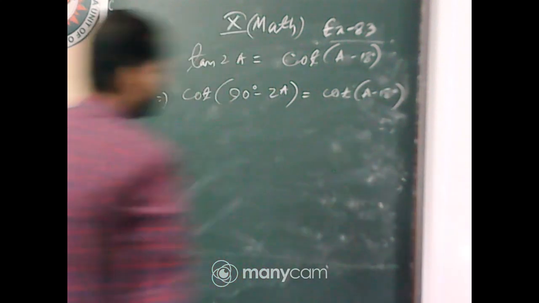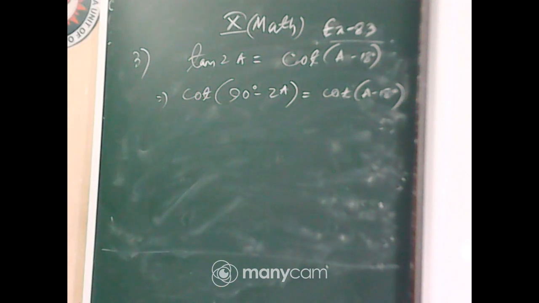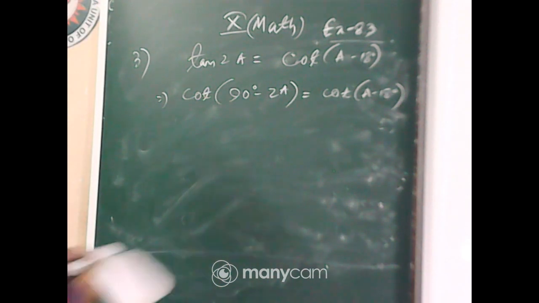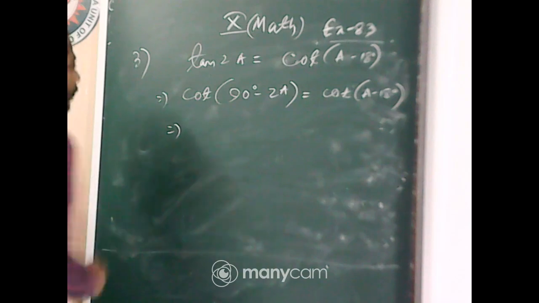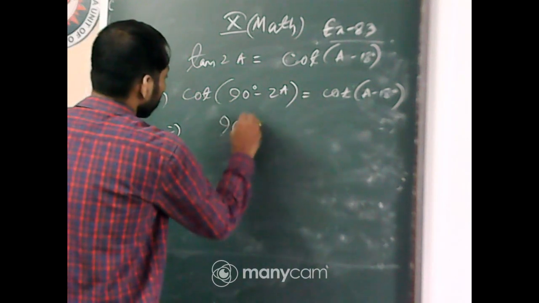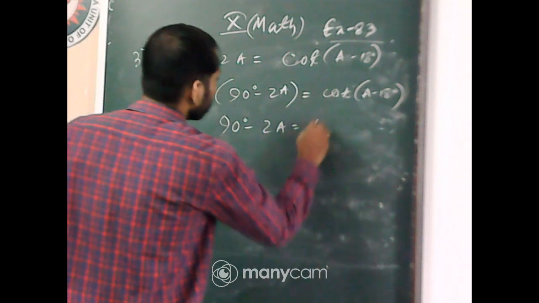That is given to you in the RHS. Now cot 90 degree minus 2a equals to cot a minus 18 degree. That is the equation actually.